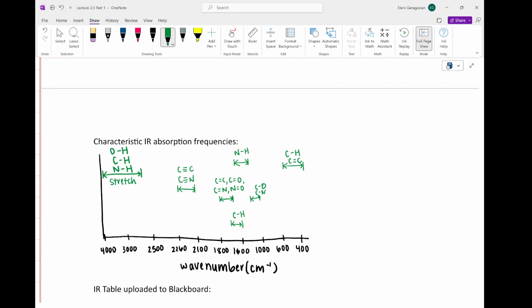All right, one more thing I want to note is between, or really just above, about 1,500. We'll draw it right here. And then higher wave numbers. We call this the functional group region.